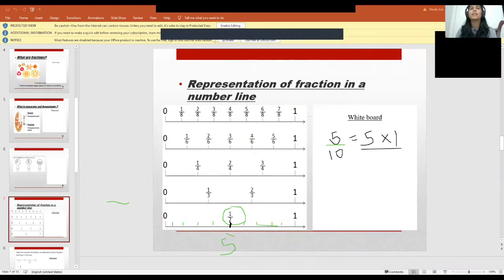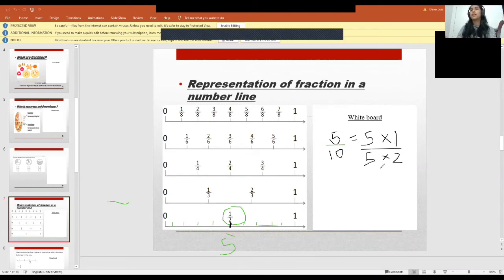Now, how can I represent 10? Can I represent 10 as 5 into 2? Yes. So if you see in your left hand side, which is 5 by 10, and your right hand side, which is 5 into 1 by 5 into 2, it's the same.